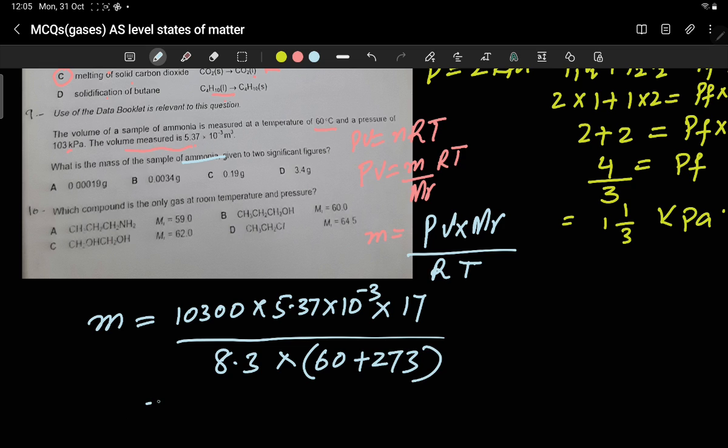By applying this, the mass is equal to 3.4 gram.